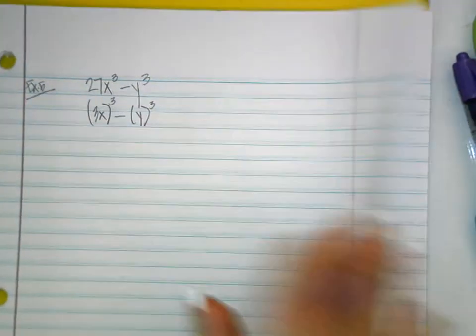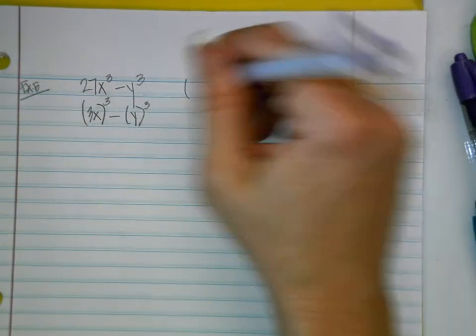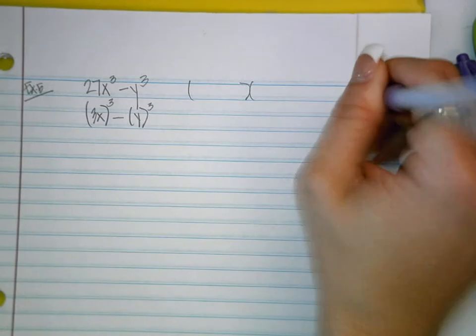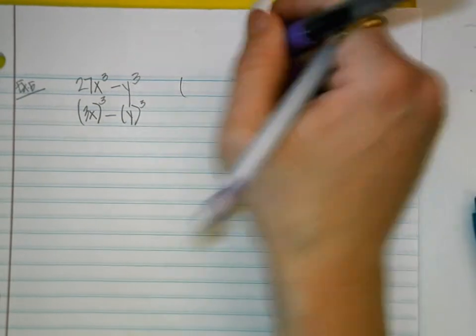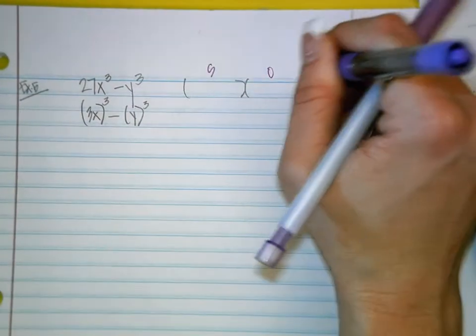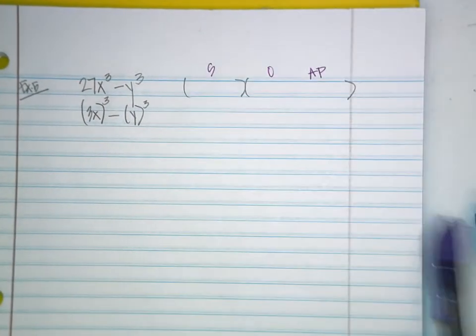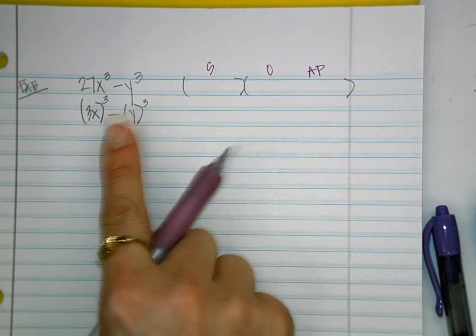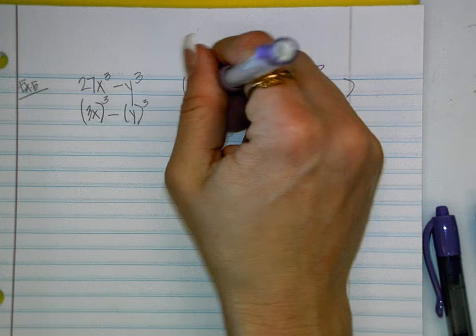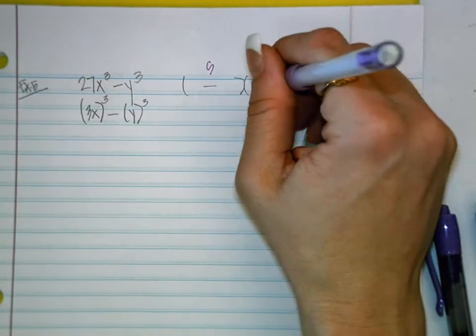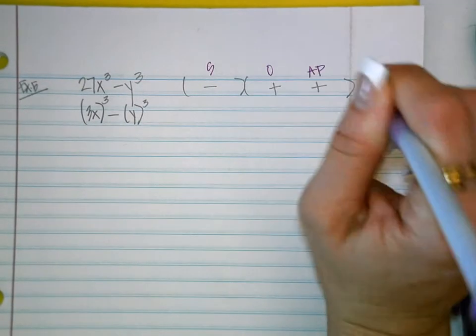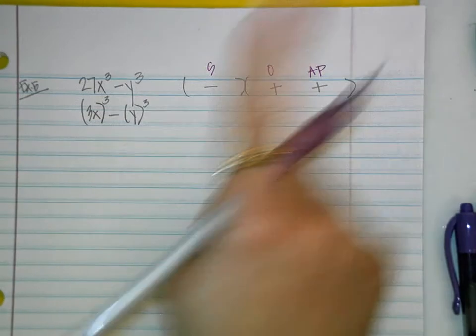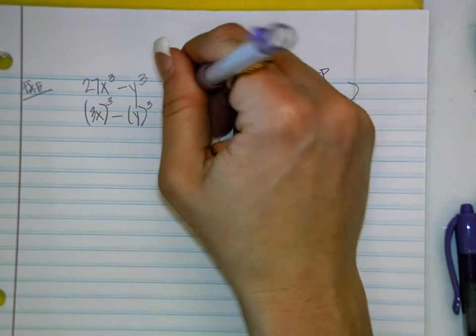Then you want to write your acronym for cube factoring, so little parentheses and a little bit bigger one. Write in your SOAP signs, so same, opposite, AP for always positive. Same sign as what? Negative. We're talking same as the original equation. So negative, opposite is positive, AP, always positive. Then actually put these in. The first part is 3 and an x.